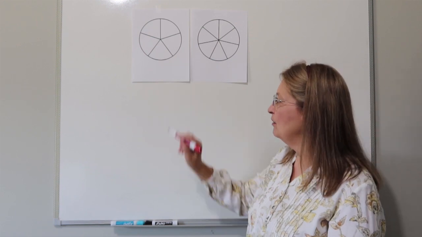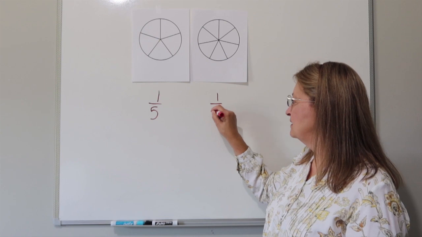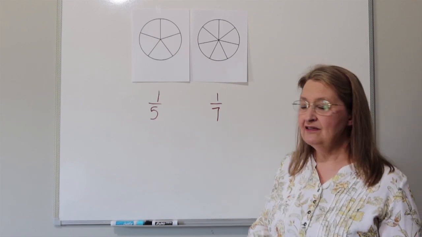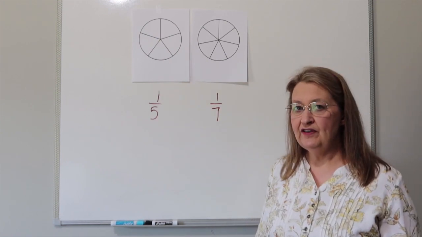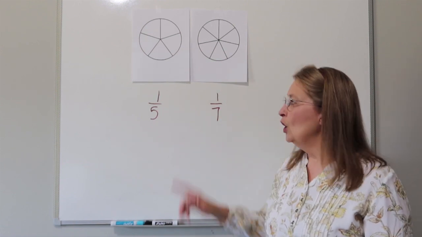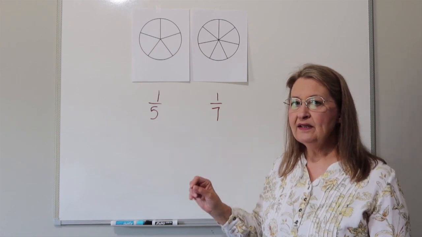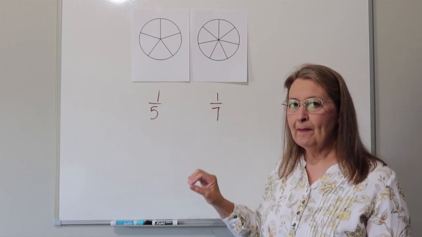So if I wrote a fraction to represent one piece from each of these, this piece is 1/5. This piece is 1/7.